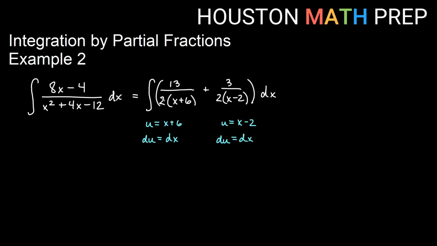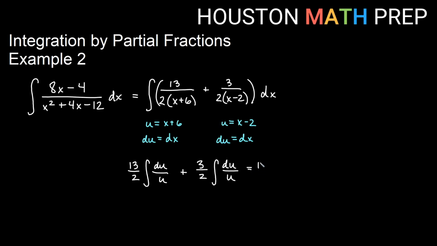Then for the first one, if I bump the 13 halves out, I end up with 13 halves integral of du over u, which is a log rule. If I bump the 3 halves out for the second one, I get 3 halves, and again, du over u, a different u for each of these. But that's what we get. We get a log rule for each of them, so these are easy to do.